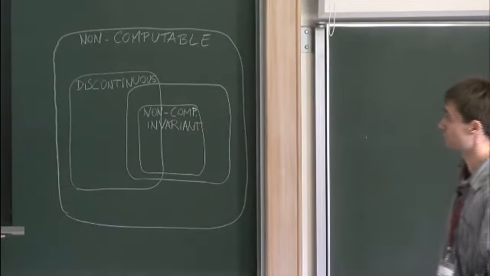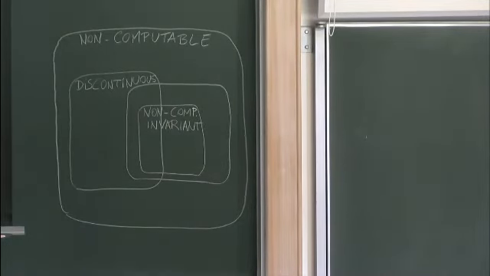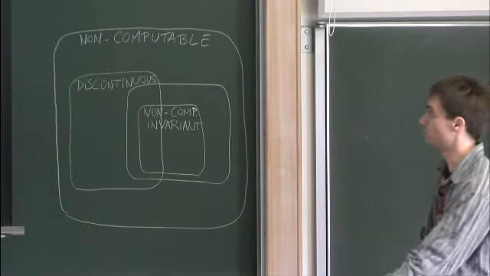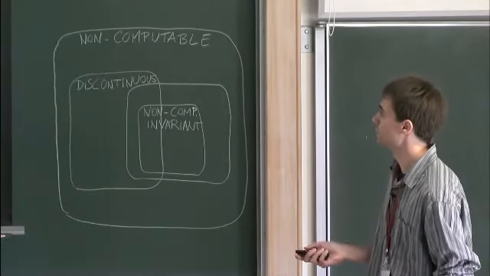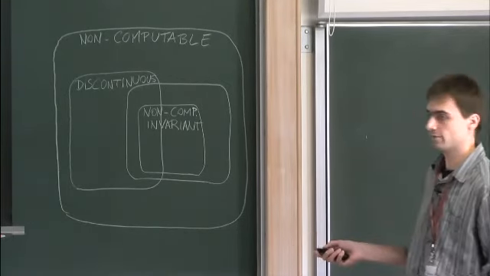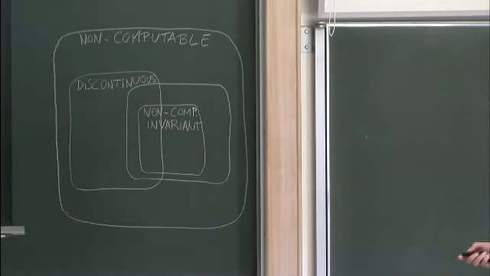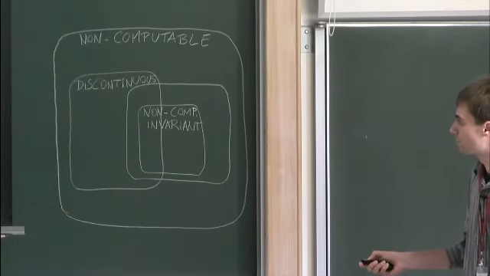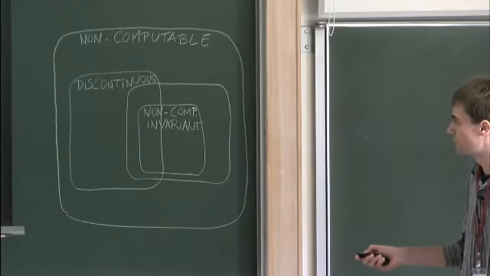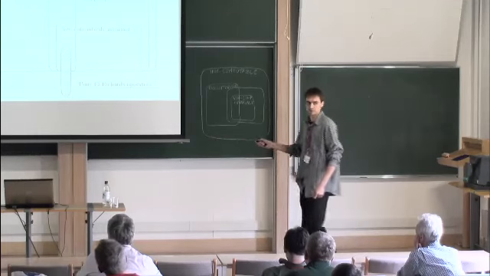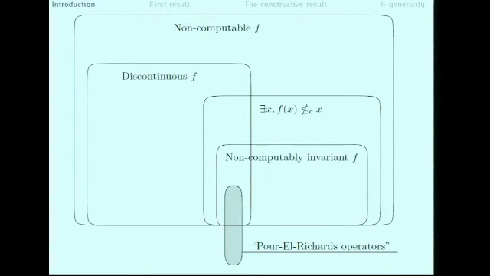Pour-El and Richards have shown a general result that shows that for linear operators, the situation is simpler. So what did they prove? That for some class of linear operators, they always fall in this set, which means that either they are computable or they are non-computable in the strongest possible way.